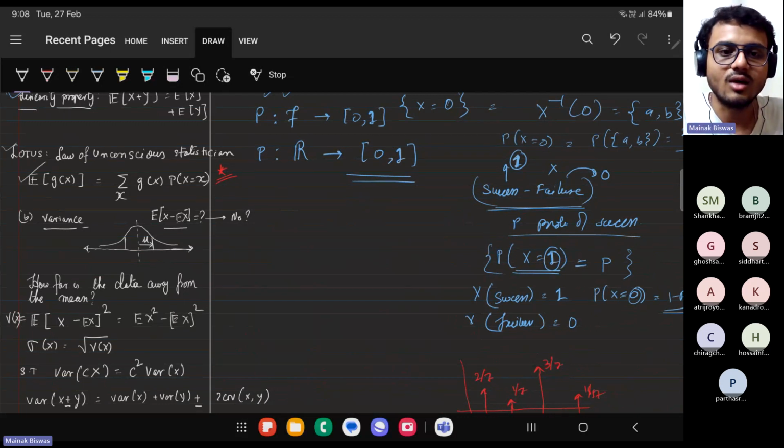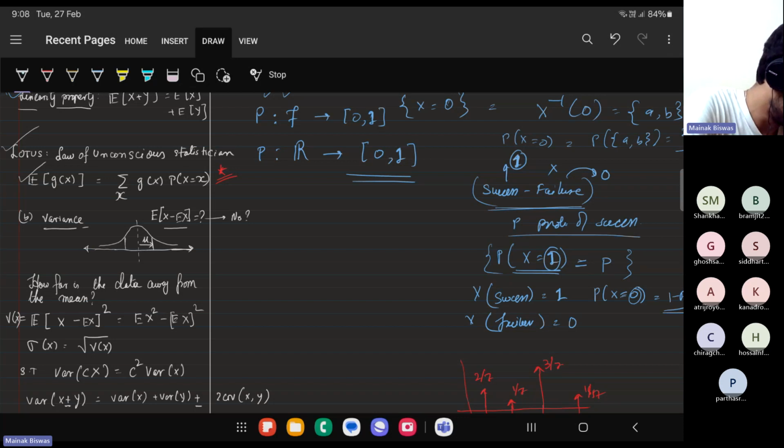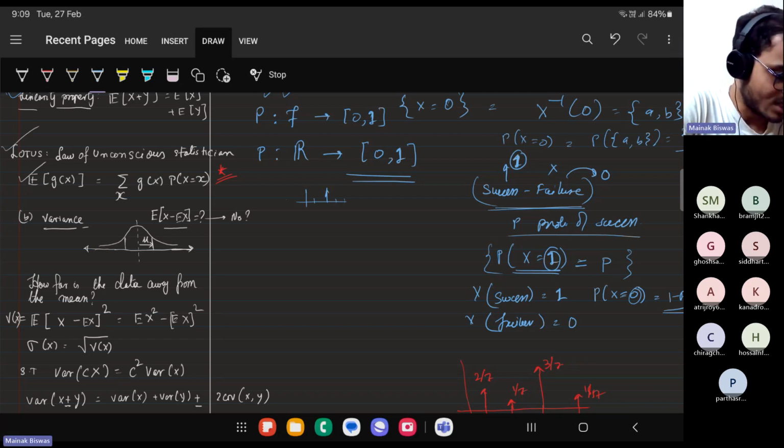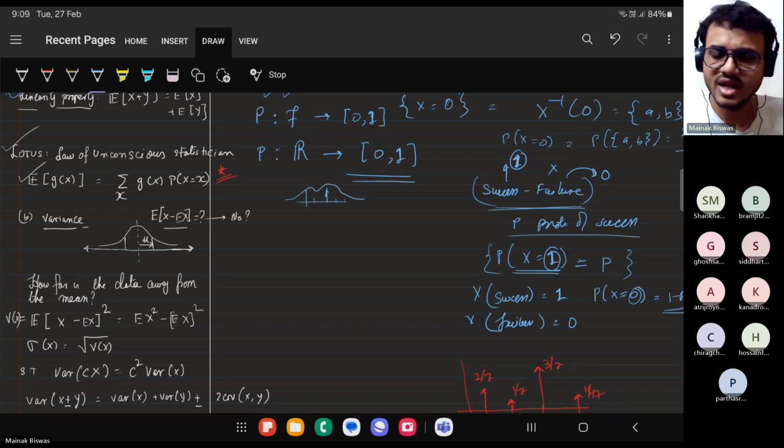The second thing I will try to understand is how does a random variable shift over its mean? That is also called its variance. As we saw, a random variable was taking many values and it had a mean. But the random variable will also vary across its mean. It will have some distribution, right?